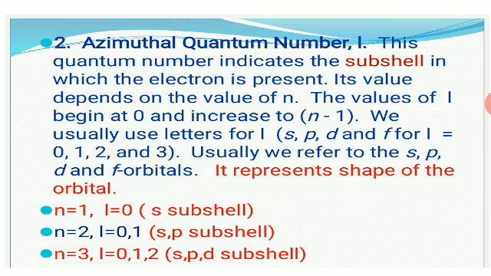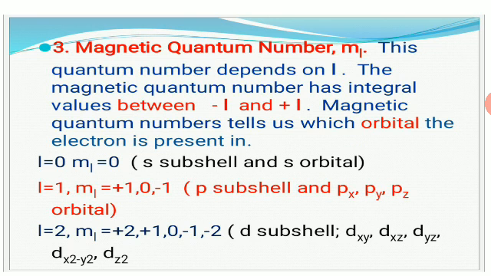If l is 1, then it is the p subshell. If l is 2, it is the d subshell, and if l is 3, it is the f subshell. Then there comes the magnetic quantum number. This quantum number depends upon the l value, and it lies from minus l to plus l. It is denoted by m. So if l is equal to 1, the m values will be plus 1, 0 and minus 1.